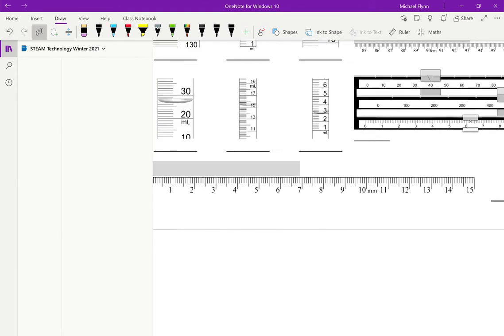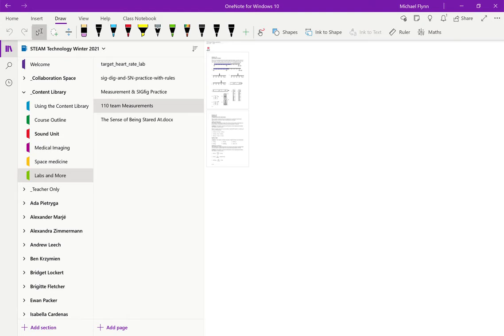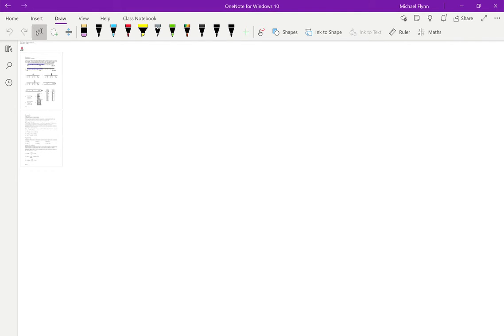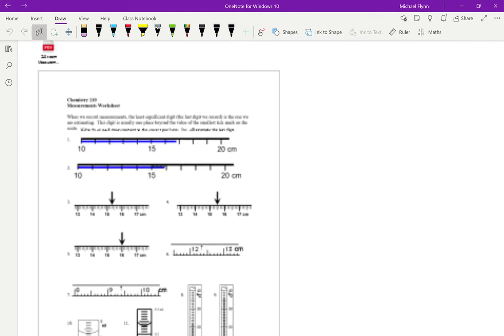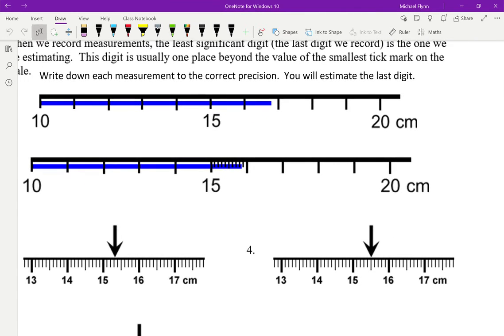Now, I did include a short worksheet for the people at home, and this is where we're going to end here today. It's only been a 10-minute video so far. What you're supposed to do in this case is write down the measurement to the correct level of precision. Like I said, you go 1 digit past the smallest tick mark. Here, these are in whole numbers, 15, 16, 17, 18, 19, and then 20 is over here.